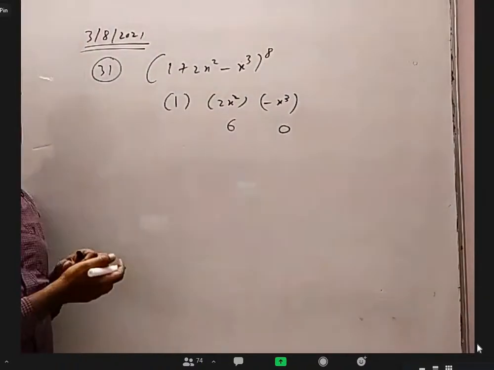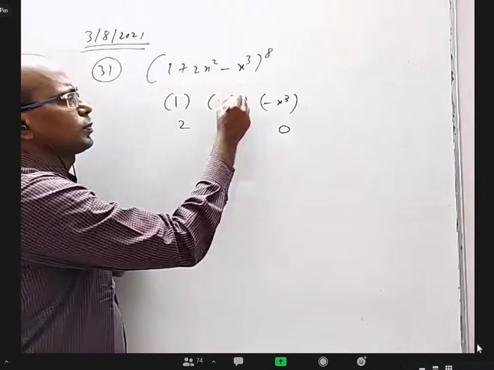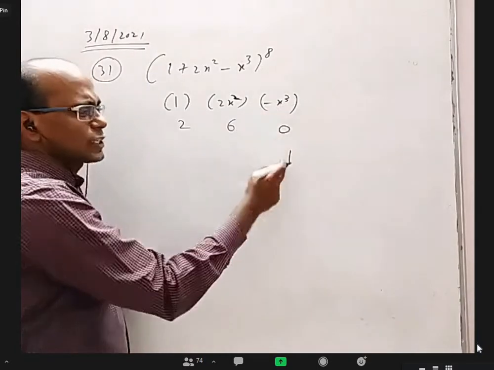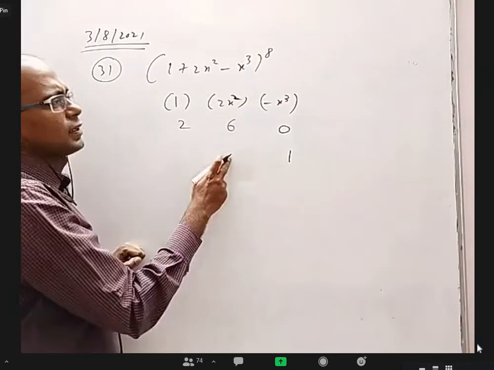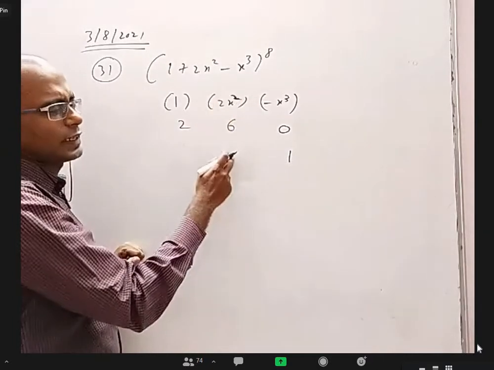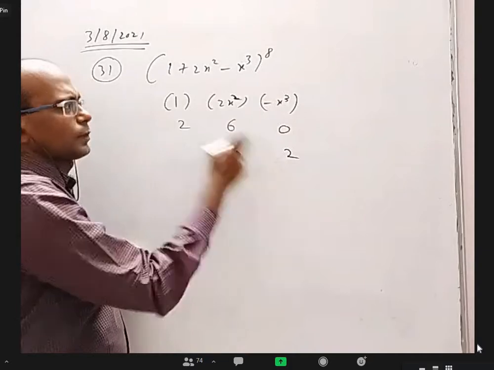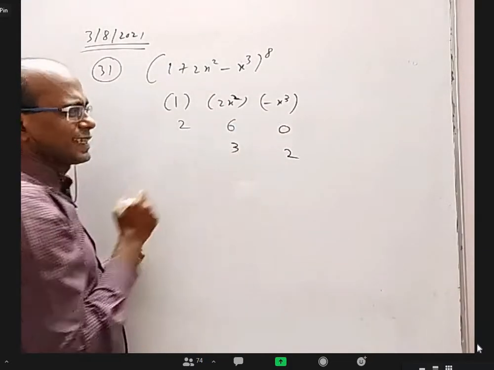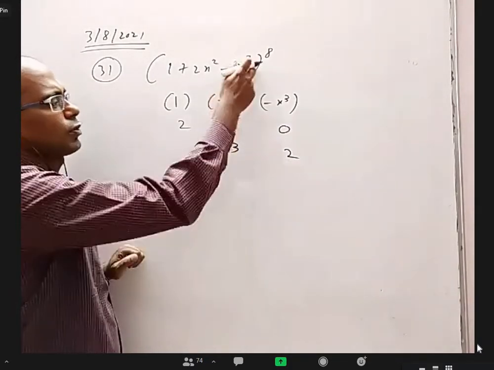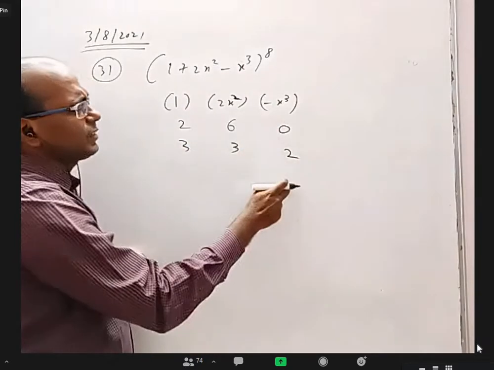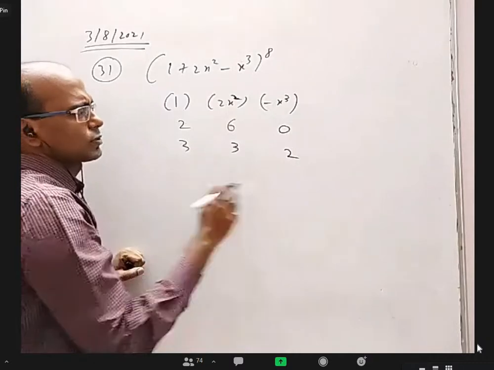And here I have to take power 2 because the sum of the powers should be 8. If I take power 1 for this, I'll get x cube. I want to get x power 9 here. Whatever higher power of this I take, I'll get even, which is not possible. When I take power 2 here, which is x power 6, I want x power 6, so I have to take power 3 here. Then 3 plus 2 is 5, and the total should be 8, so it should be 3. If I take power 3, I'll get 9. I cannot get x cube out of this, so I have to leave it.